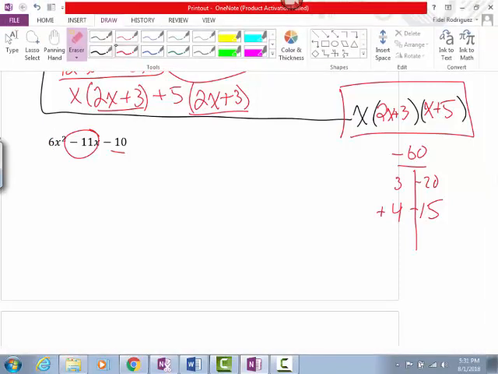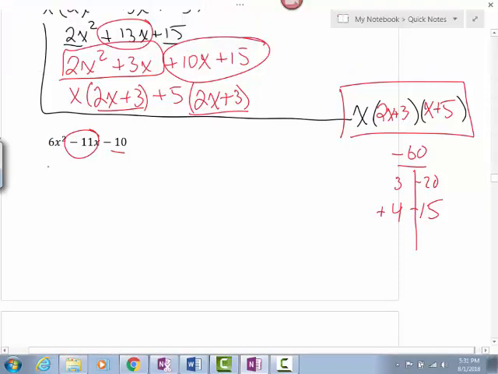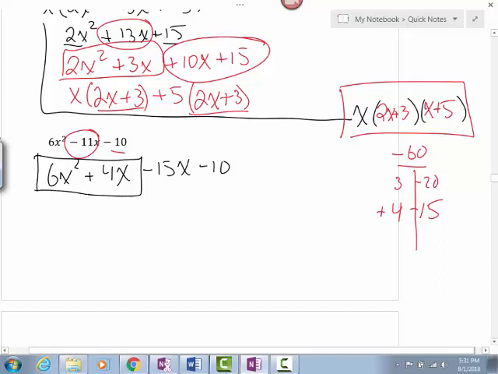There we go. Okay, so now we're going to say we have 6x squared and a plus 4x and a minus 15x and a minus 10. And so from here, I don't know, we can take out a 2x. We're left with 3x plus 2.